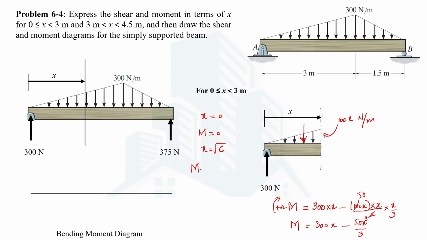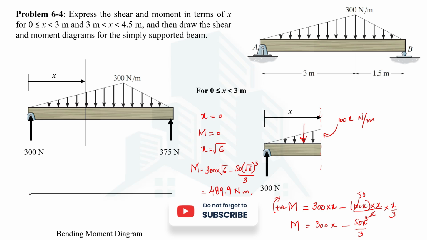When we put this value, we get 489.9 Newton meter as the bending moment. So at 0 value of x the bending moment is 0, but as soon as we reach root 6 distance away from the left hand, we have the maximum bending moment.